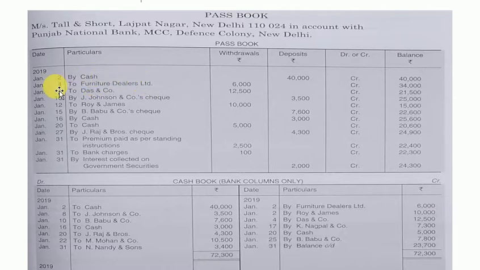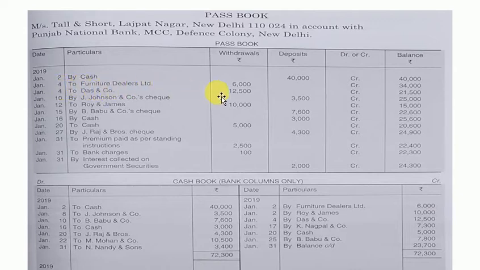And if you see here, to Furniture Dealers Limited on January 4, the transaction is the same, the only difference is the date. Here it was January 2 and here in the passbook it is January 4. The reason is the business paid it on January 2, so they immediately recorded it on the credit side, because remember, the business can make the entry only in the cash book bank column, whereas in the bank it was presented for payment by Furniture Dealers Limited on January 4th.